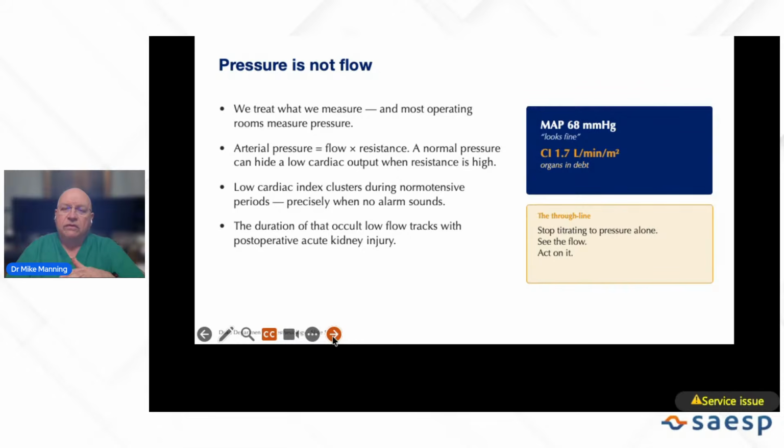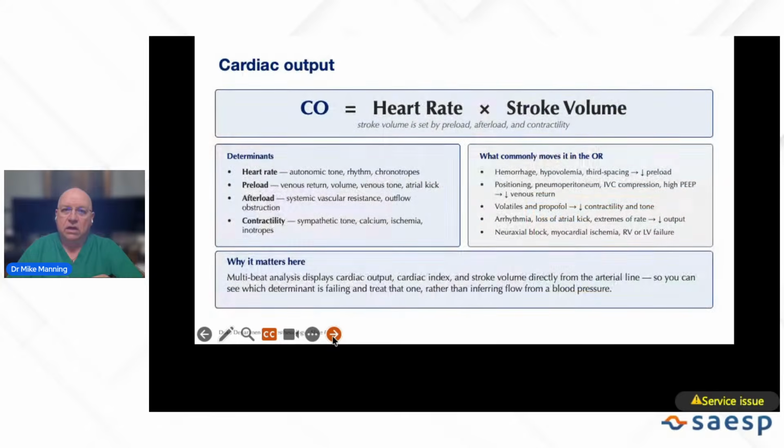You can have situations where the mean arterial pressure looks good, it looks fine, but when you look at the cardiac index and what you're actually delivering to the tissues, this can be quite low. So a couple of equations that I use a lot in my teaching to focus this is cardiac output, heart rate and stroke volume.